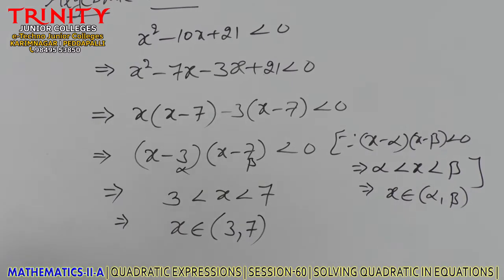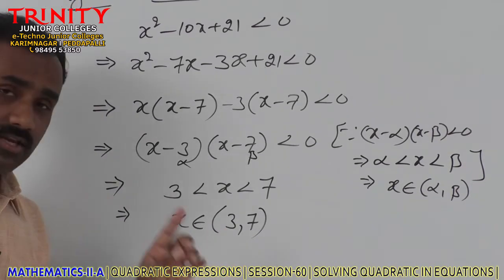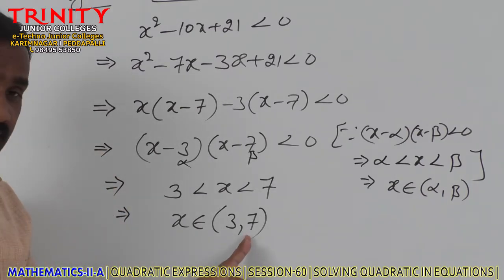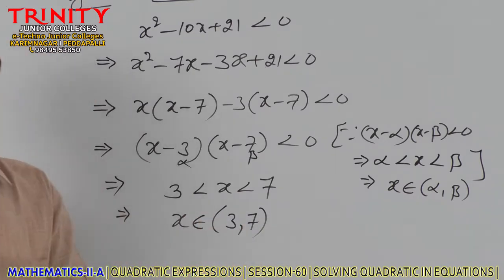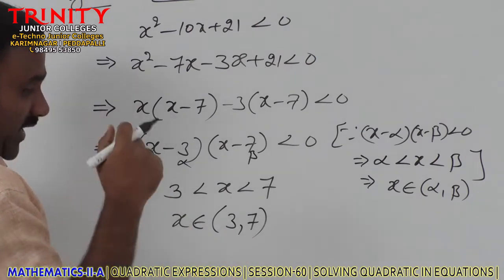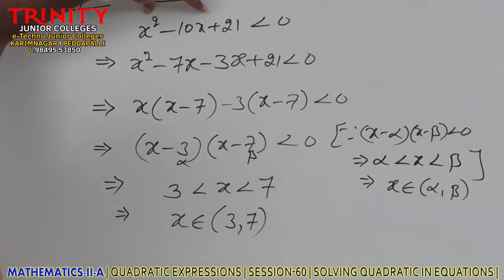Whether it is correct or not, you can check it now. In between 3 comma 7 means x will take the values 3.1, 3.22, 6.9 only. It doesn't take the value 3, it doesn't take the value 7. You can take any value in between 3 comma 7. I am taking the value x is equal to 4. Whether this inequality is satisfied or not, you can check it.